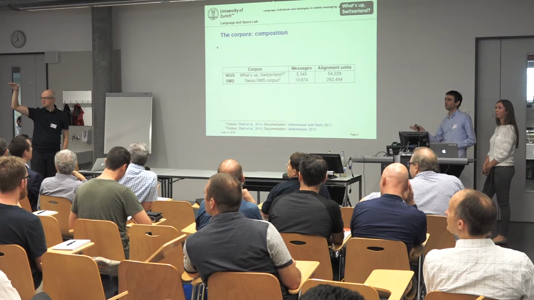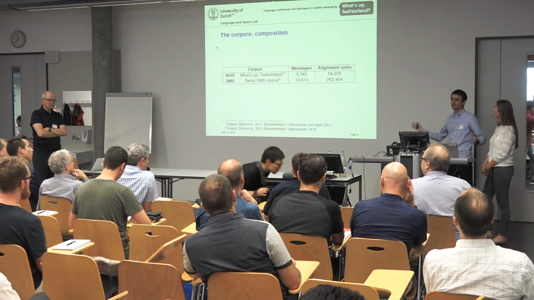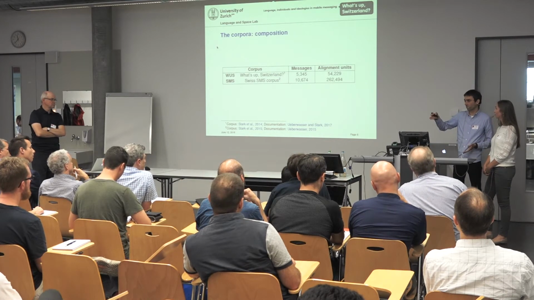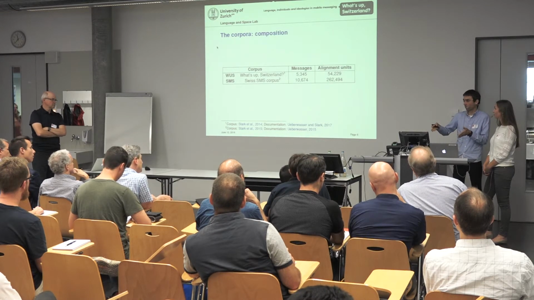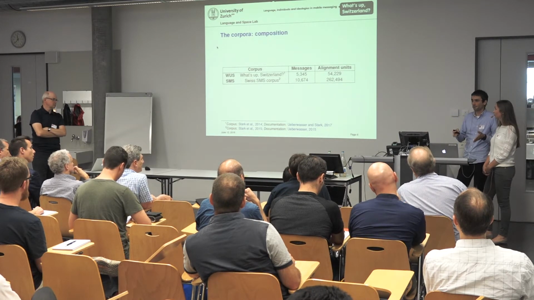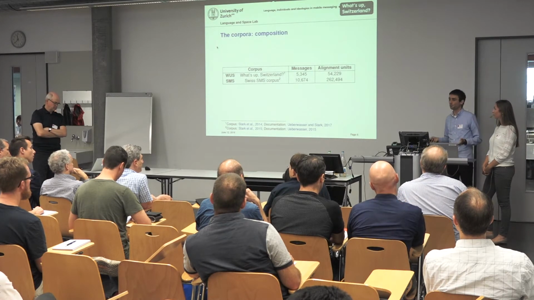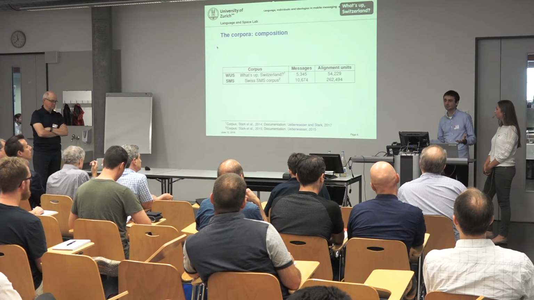The question is, now we treat all the dialects together, and if we have the information of where the message comes from, and we know that it belongs to a specific dialect, then we could use this information for better disambiguation. We're not doing that now. We just consider all the dialects together.